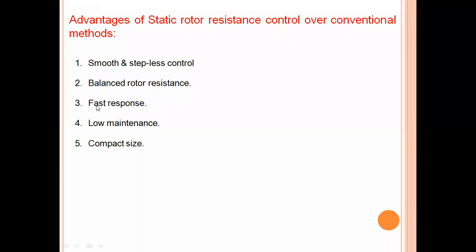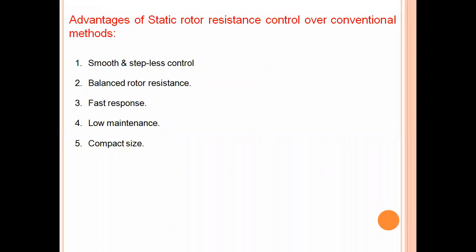And next, you can see the fast response compared with the conventional control, which is manually operated. It takes time, but our static rotor resistance has fast response because the effective operation will be done in the order of milli or microseconds.